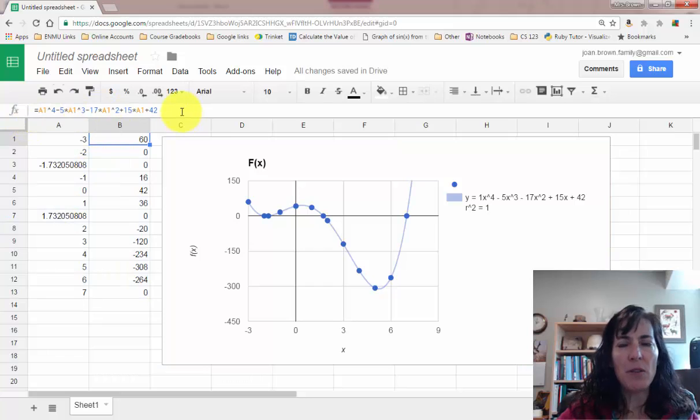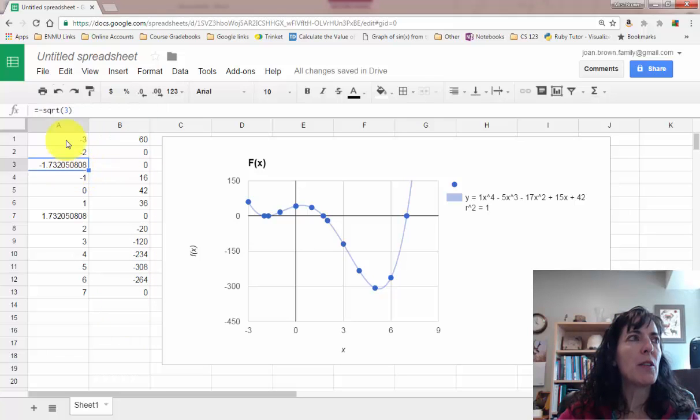I had to type in the function one time and then drag it down from the right side to get the values for all of the other x values. I put in the square root of 3, both in its positive and its negative form, because I knew that those two were also intercepts. And so we're showing each of them on the graph. And you can see the 1, 2, 3, 4 intercepts that we have.